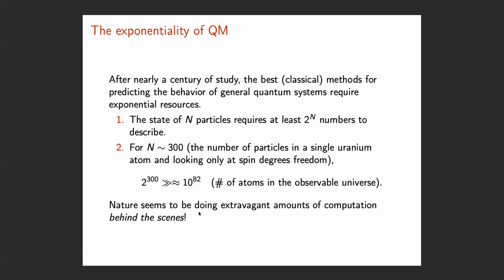So if you think of a system, this 2 to the n which you see here, let's say you have 100 or 300 particles, and you're only looking at the spin degrees of freedom, spin up and spin down, so you have 2 possibilities. That's why you see the number 2 here.